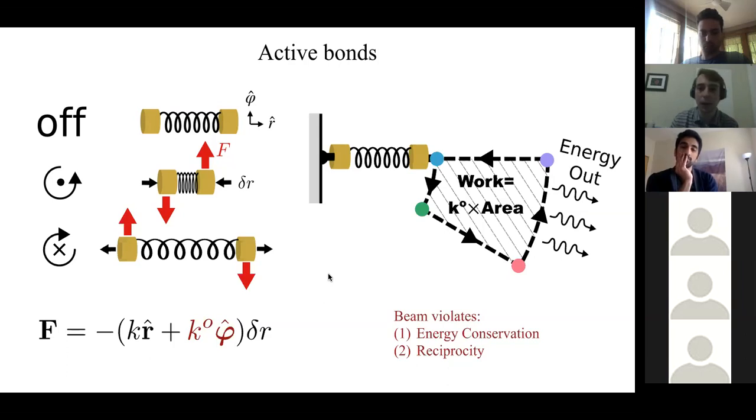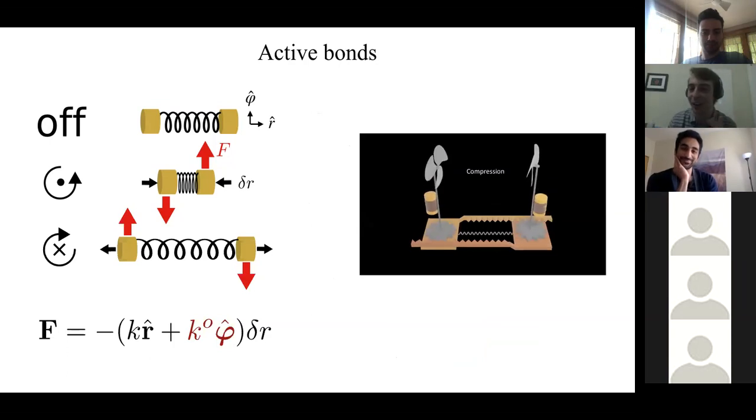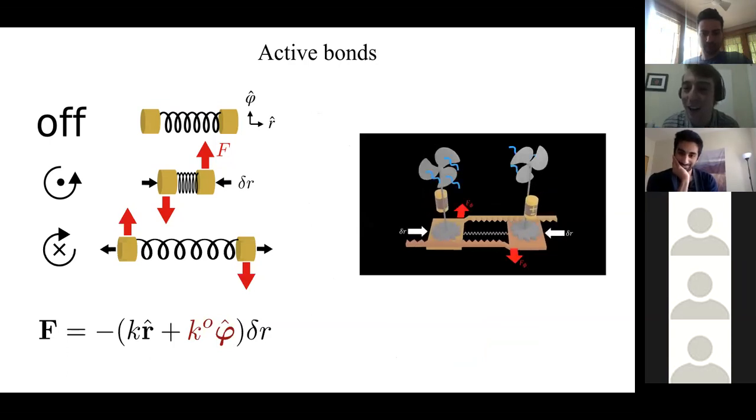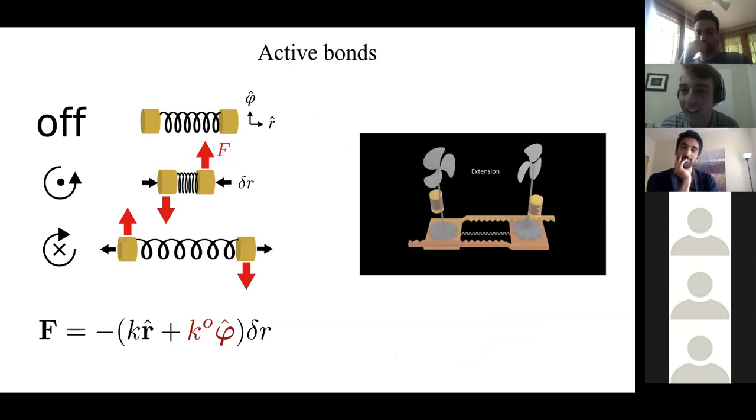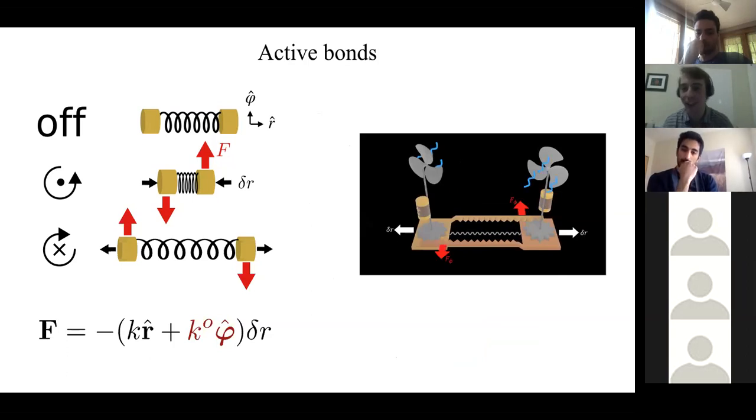Cool. Let's continue. So here's just a little cartoon. I don't think this is the simplest way to contrive one of these things, but it certainly works. What you're looking at is a fan system mounted on a spring, and these batteries constantly power the fans to blow, but there's a gear system, right?